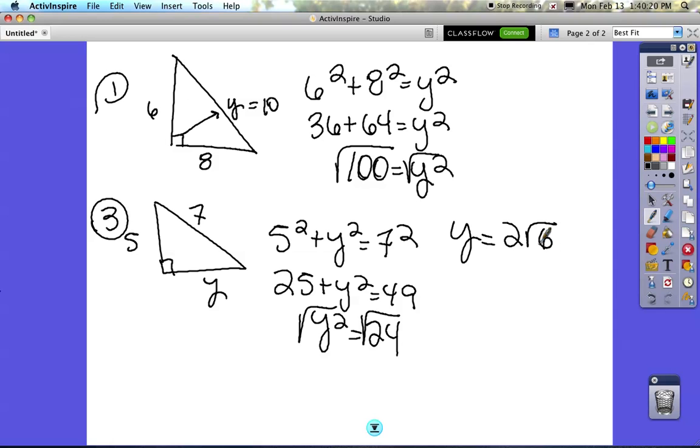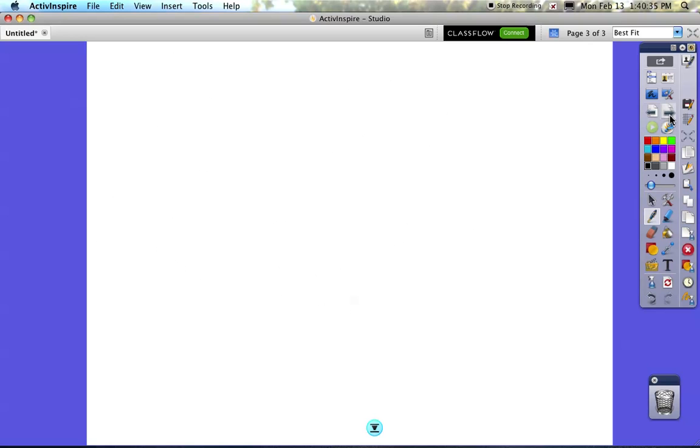But if you get the square root of 35.462, whatever, you're going to have to give me a decimal and give it to me in 3 significant figures. What do I mean by 3 significant figures? Well, let's do this. 5.2 squared plus 3.1 squared equals c squared.